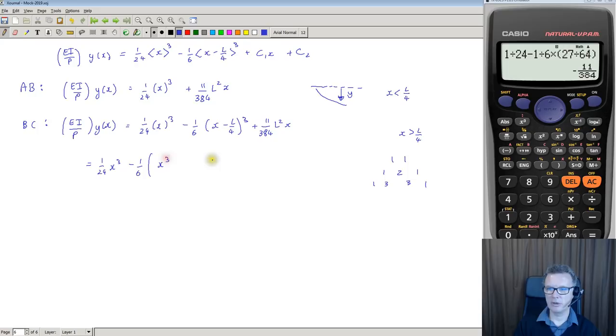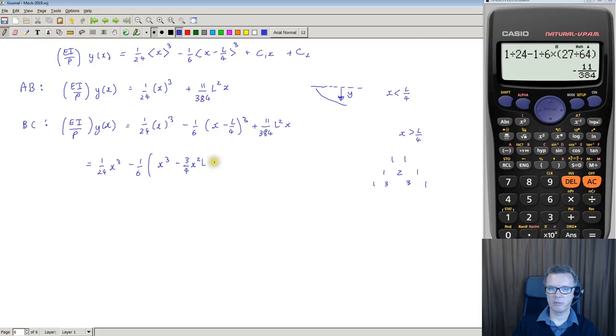X to the power 3. And then I've got, that's going to be negative, and that's going to be 3 over 4 x squared L.